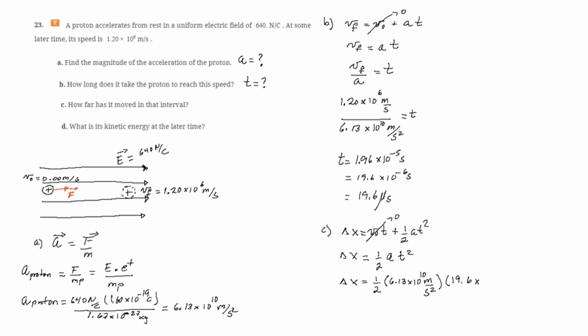So delta x, when you calculate this and work with the powers of 10, is approximately 11.8 meters.